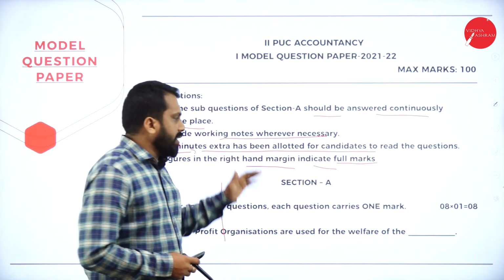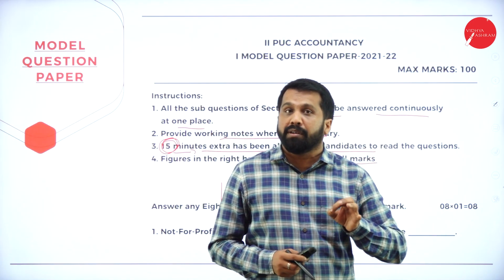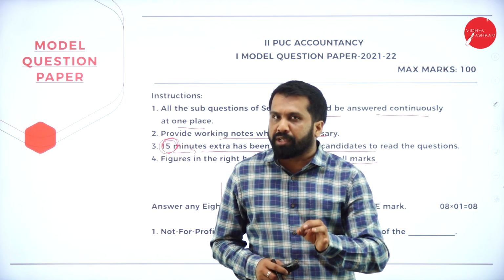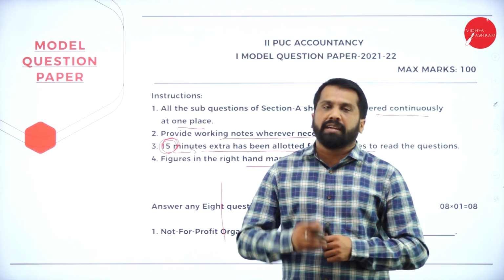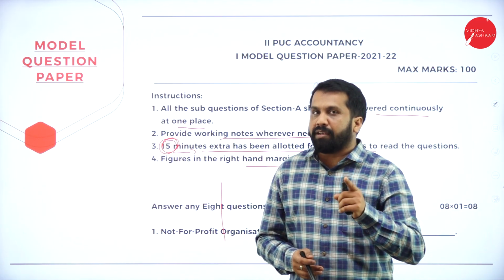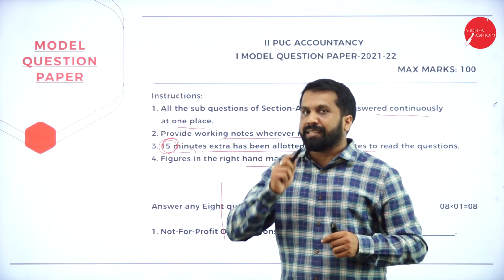Many students write 12 mark questions in a hurry, but they miss writing question numbers. Remember, 90% of evaluators will not give you marks for whatever you have answered if there is no question number. Clear?